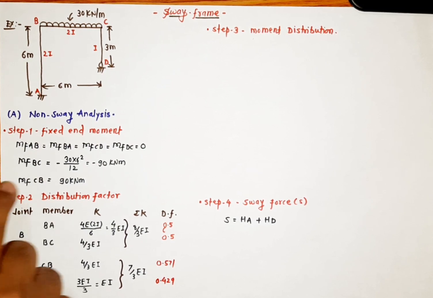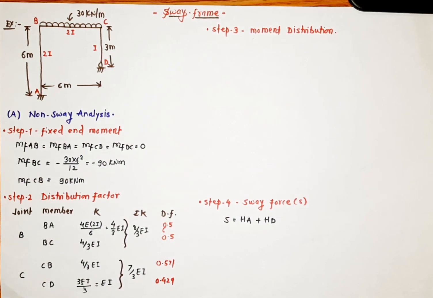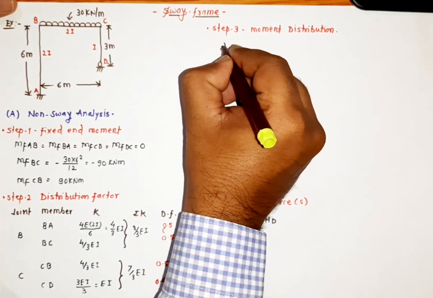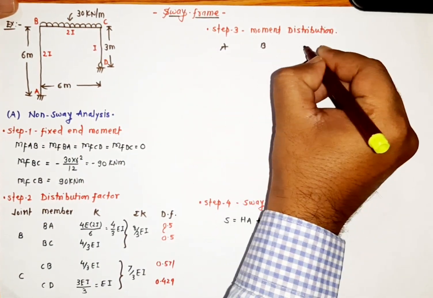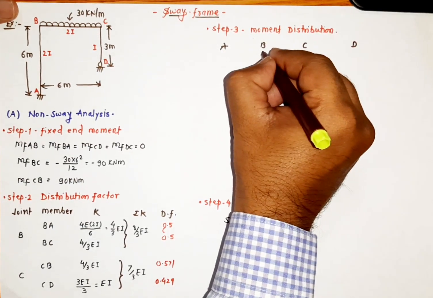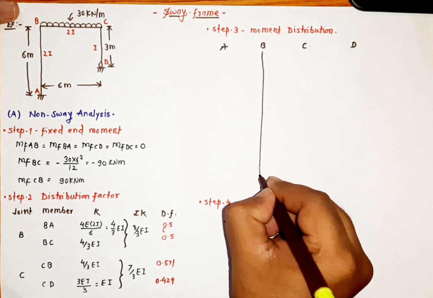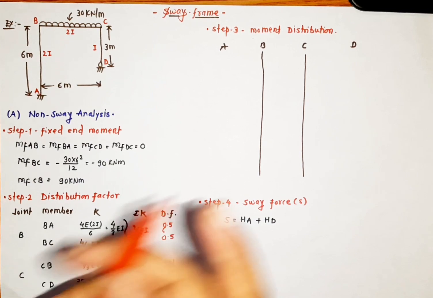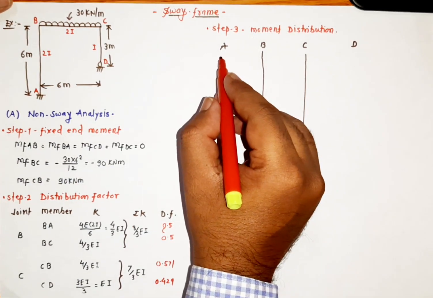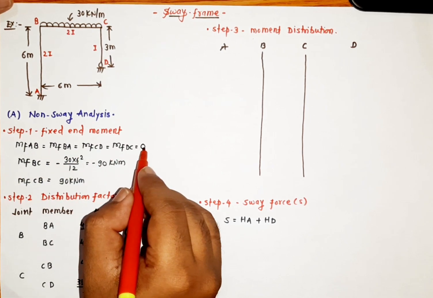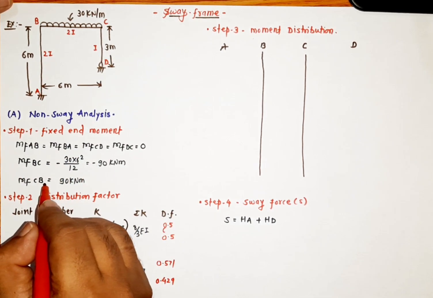Now we have to distribute the fixed end moments we calculated. For that we have to prepare a table with joint A, joint B, joint C and joint D. For A we have fixed end moment 0, AB, BA 0, CD, DC 0, but BC and CB have 90.